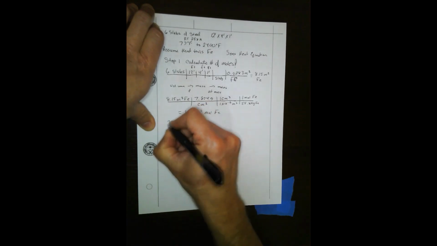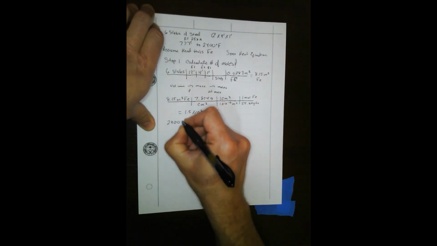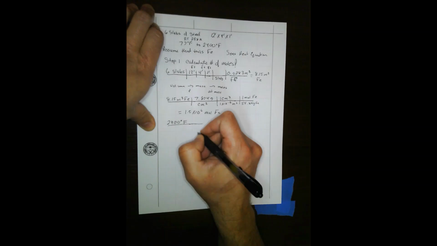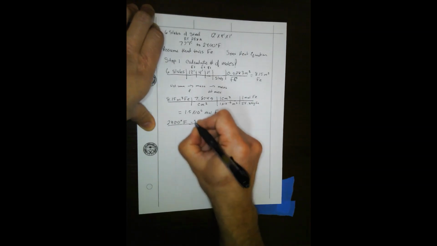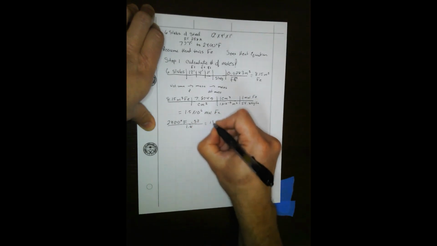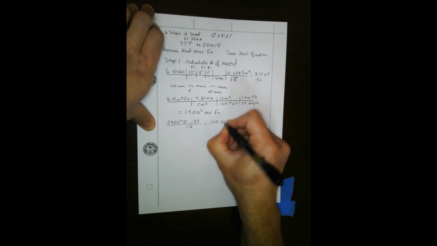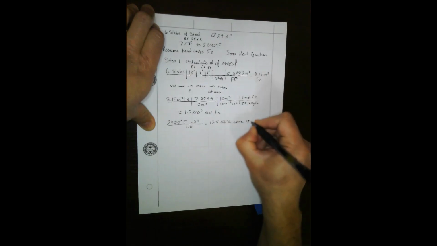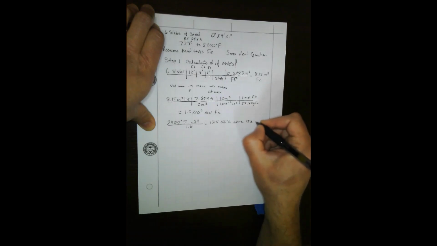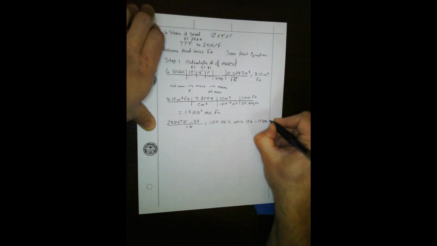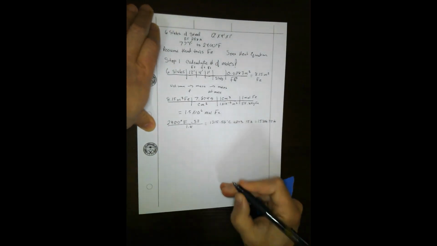So 2400 degrees Fahrenheit, and the conversion from Fahrenheit to Celsius is degrees Fahrenheit minus 32 over 1.8, and so that equals 1315.56 degrees Celsius, plus 273.15 to get to Kelvin. And I get 1588.72 Kelvin.